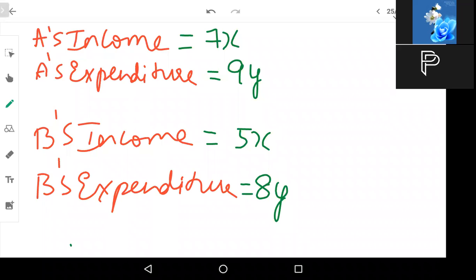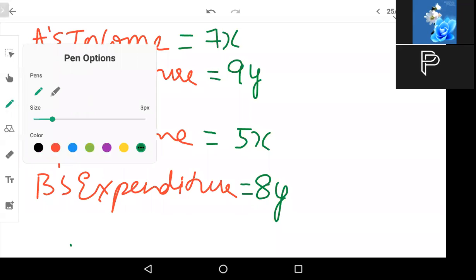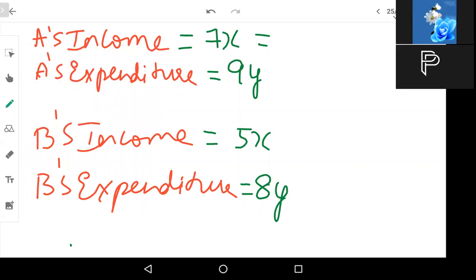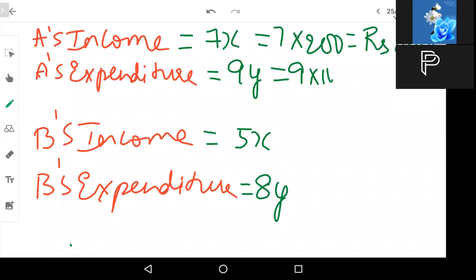Fine. So now give the answer. 7 into x is 7 into 200. So it will be rupees 1400. Then 9y is 9 into 100, which is rupees 900. So A's income is 1400.